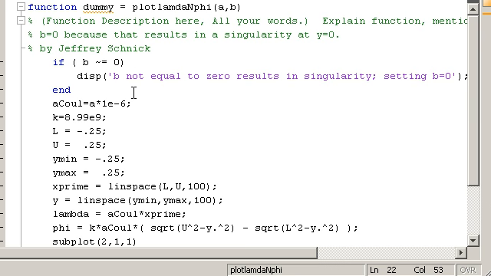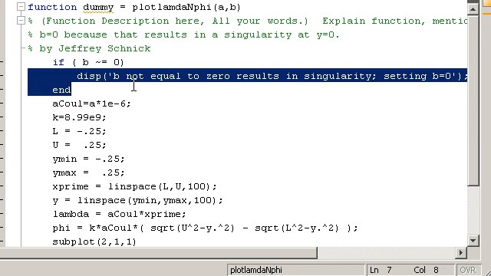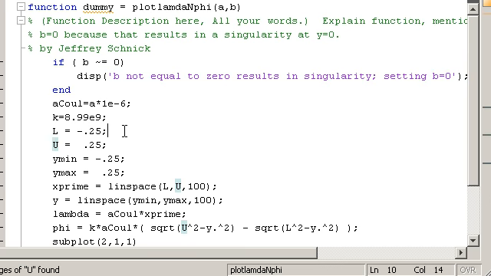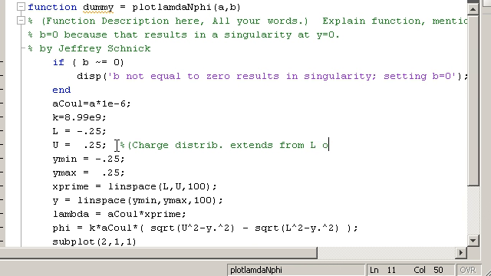Alright. That part's self-explanatory. Here, I think charge distribution extends from L to U in meters.